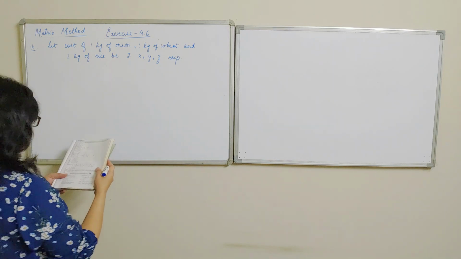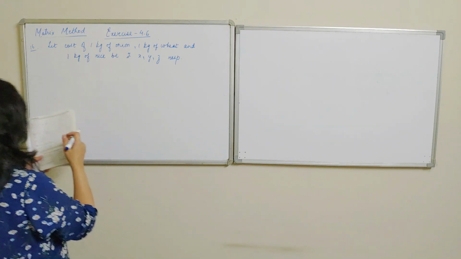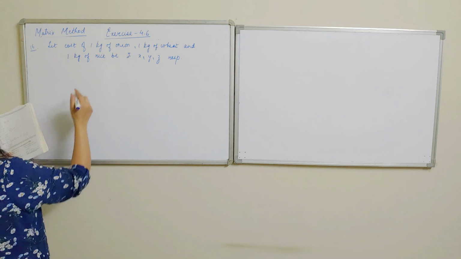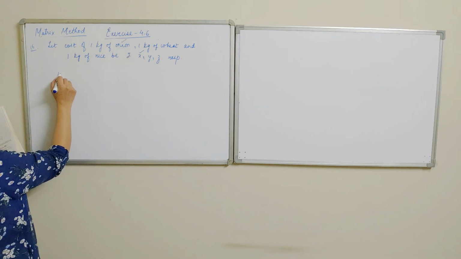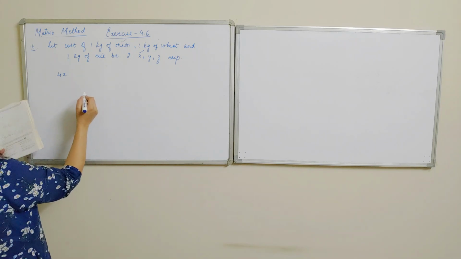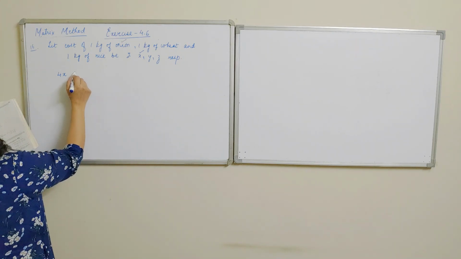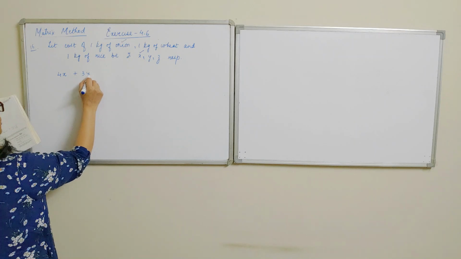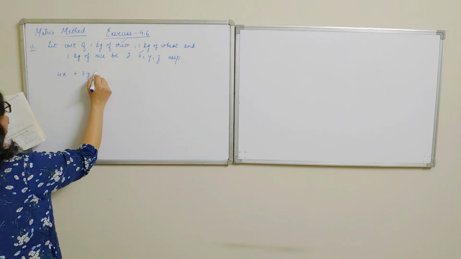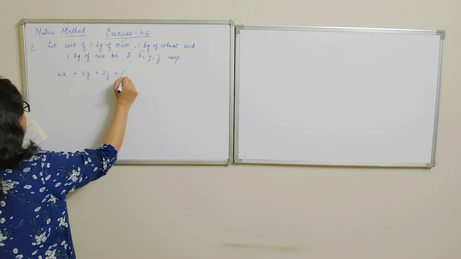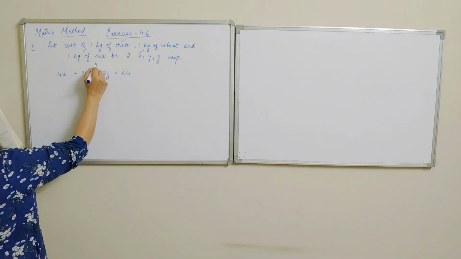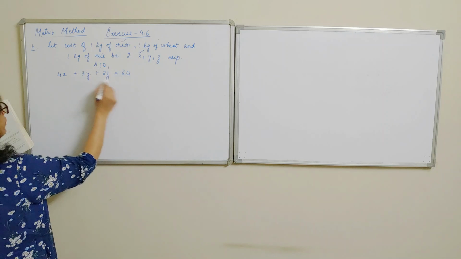So the question says that the cost of 4 kg onion, so if the cost of 1 kg onion is x rupees, the cost of 4 kg onions would be 4x. 3 kg wheat, cost of 3 kg wheat, 3y. Cost of 2 kg rice, the total cost is rupees 60. So according to the question, we are able to write down this.